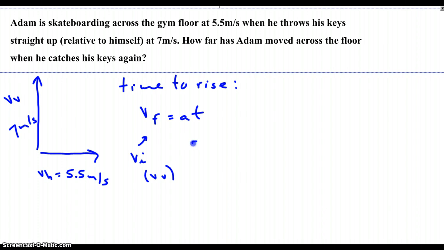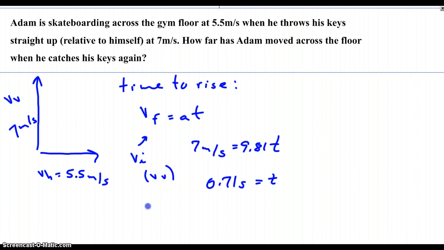So we would substitute 7 meters per second in the place of VF. Acceleration due to gravity, or deceleration due to gravity in this case, is 9.81. So solving for t, 0.71 seconds would be the time needed for the keys to rise up.